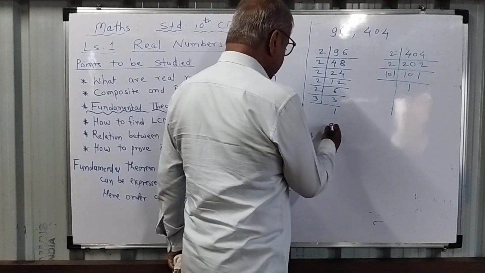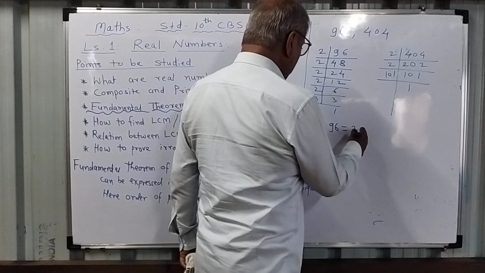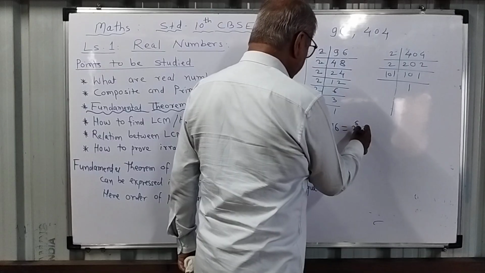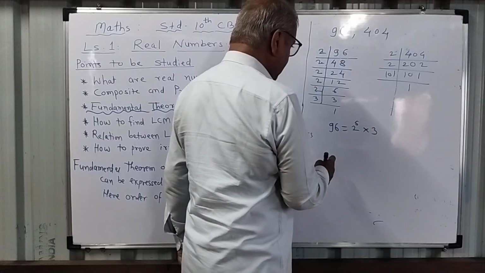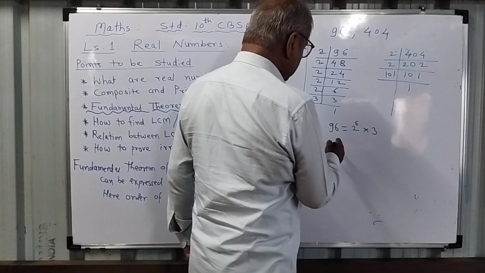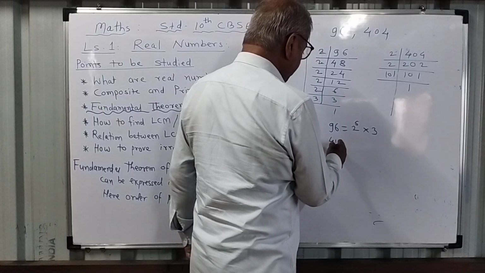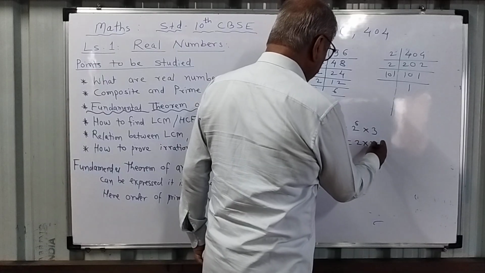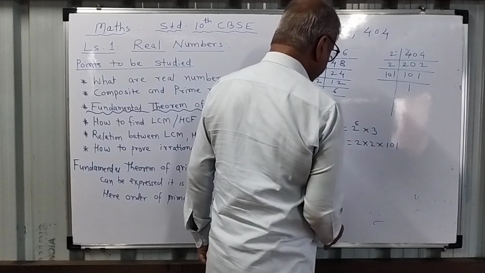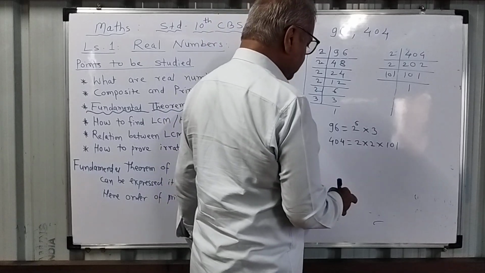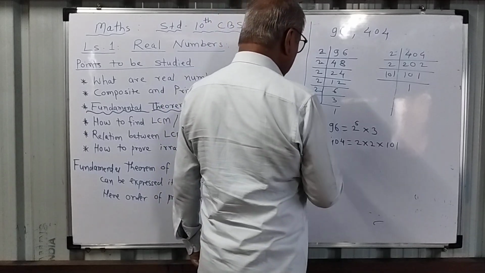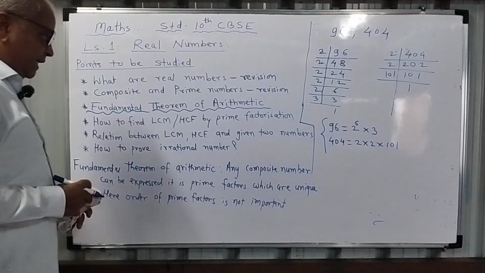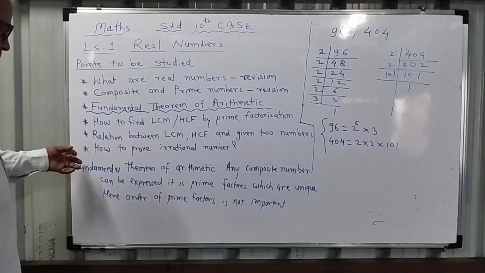Now 96 is equal to 2 raised to 5 into 3, and 404 is equal to 2 into 2 into 101. So these are the prime factors of 96 and 404.